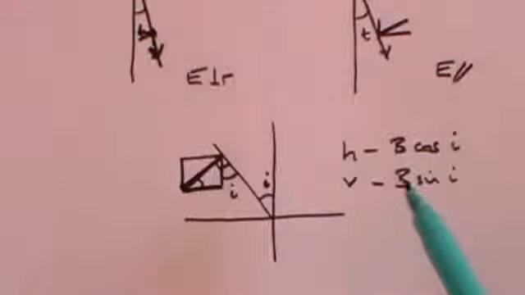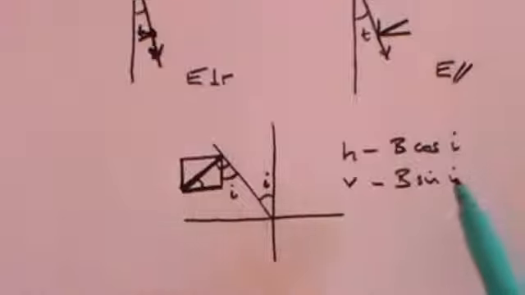And that is going to be true for the reflected waves and for the transmitted or refracted waves, except the angles are now going to be the angle R for reflection or T for transmission.